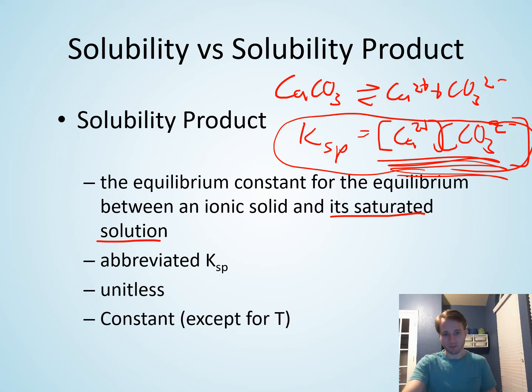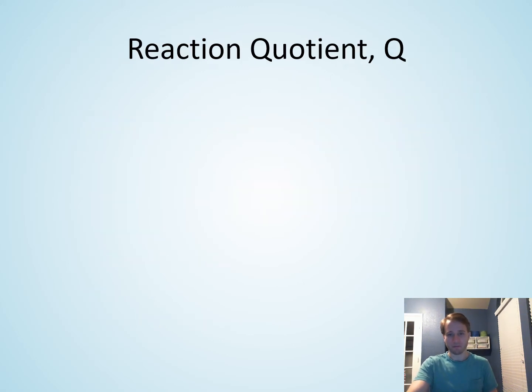Note that the solubility product itself is constant except for temperature. Temperature can affect what Ksp is. Finally, we'll talk about mixing ions in solution. Often we might have some initial concentrations of different ions and wonder, will a solid form?